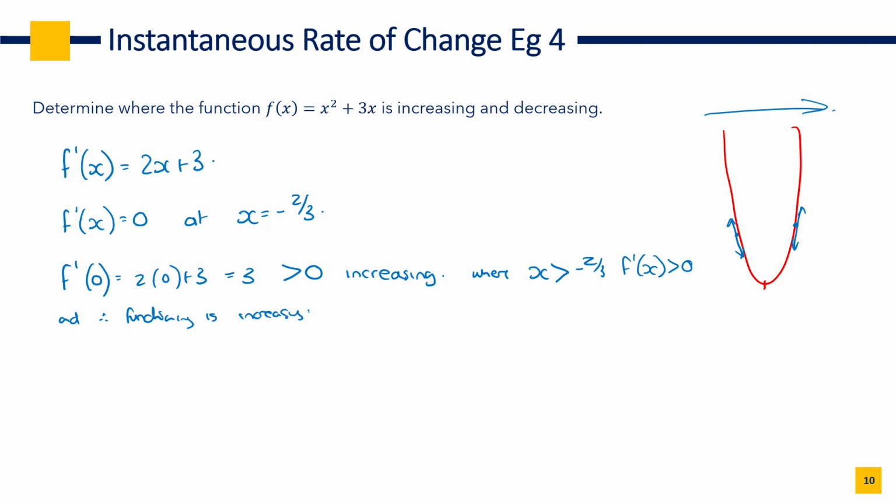Technically at this point we should know, because where the rate of change is equal to 0, it's usually where it's changing direction, that anything less than minus 2 upon 3 is decreasing, but let's actually just do the math anyway. So I'm going to choose minus 1 to make my life a little bit easier.